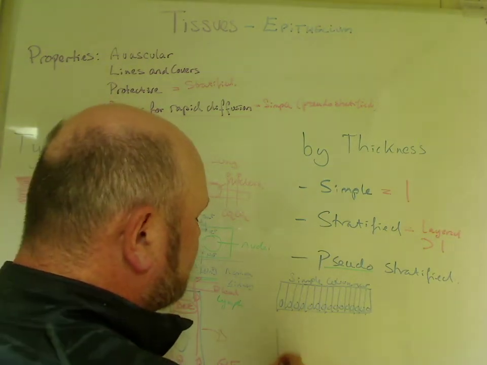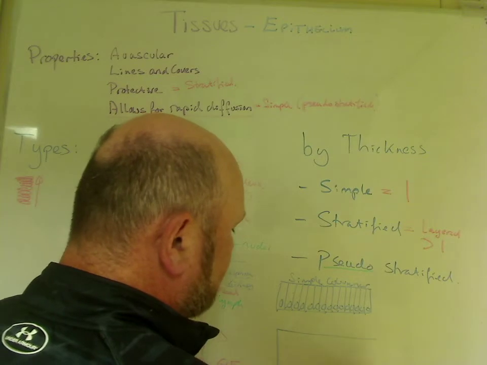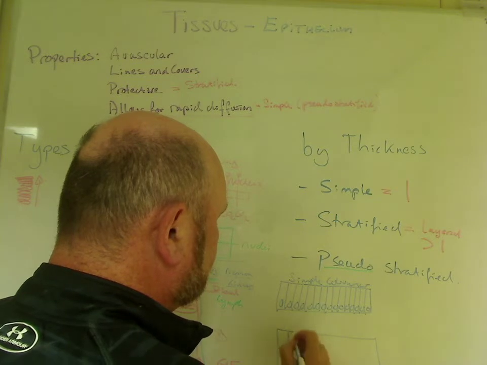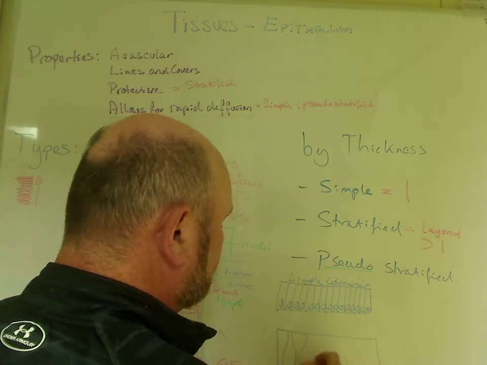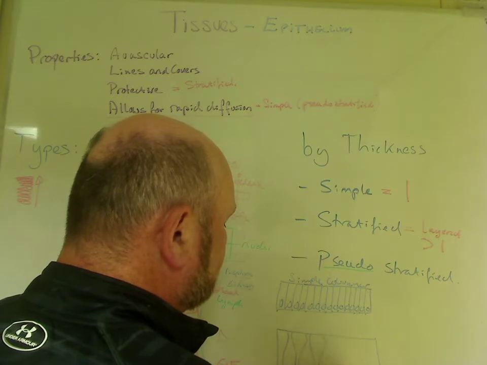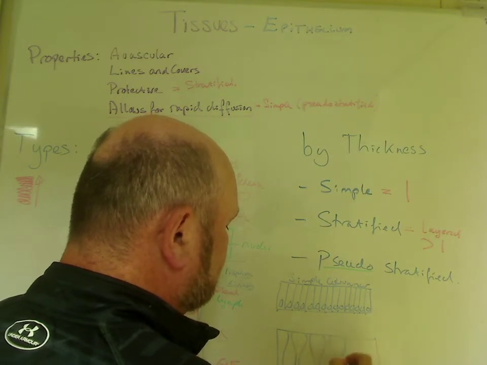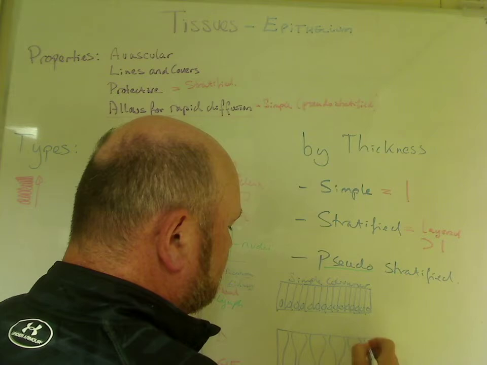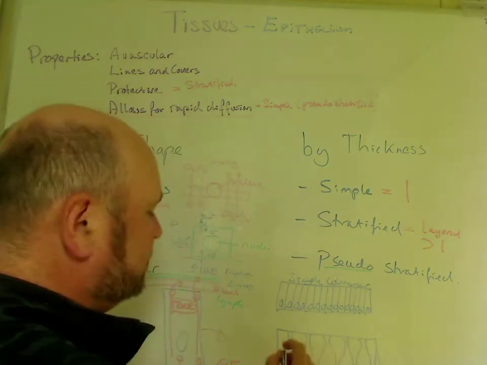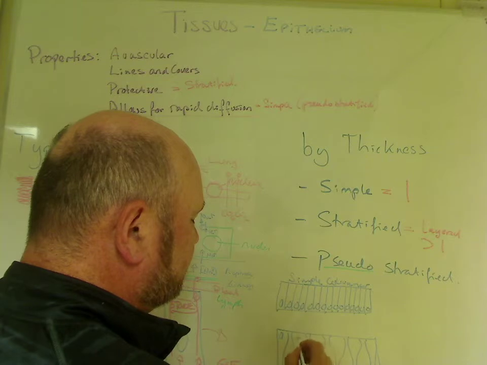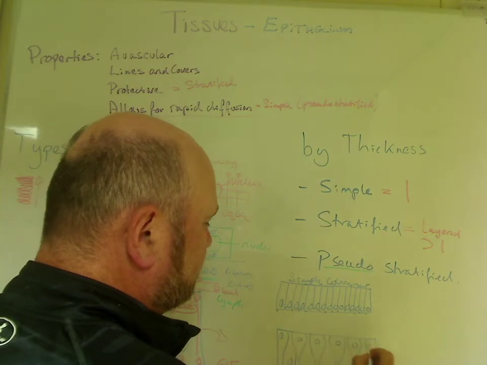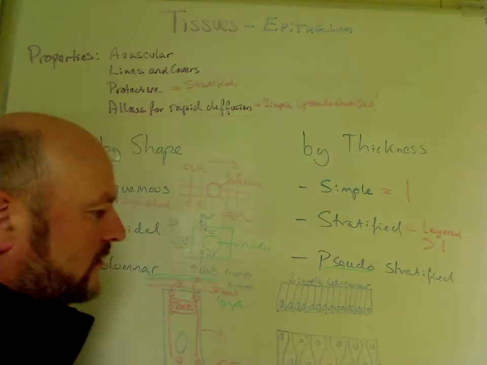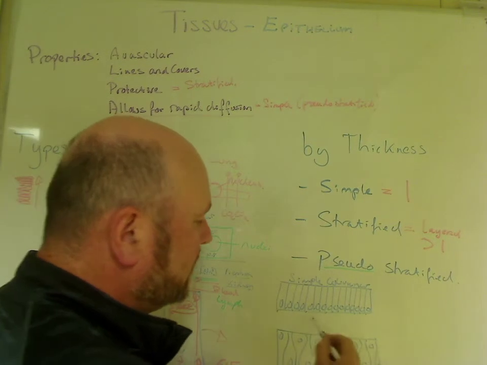Now compare that to a pseudo-stratified layer. Alright, now this is also columnar.